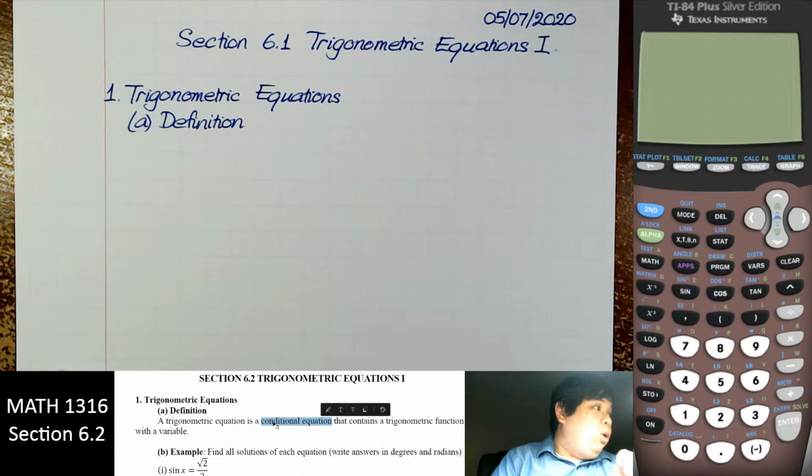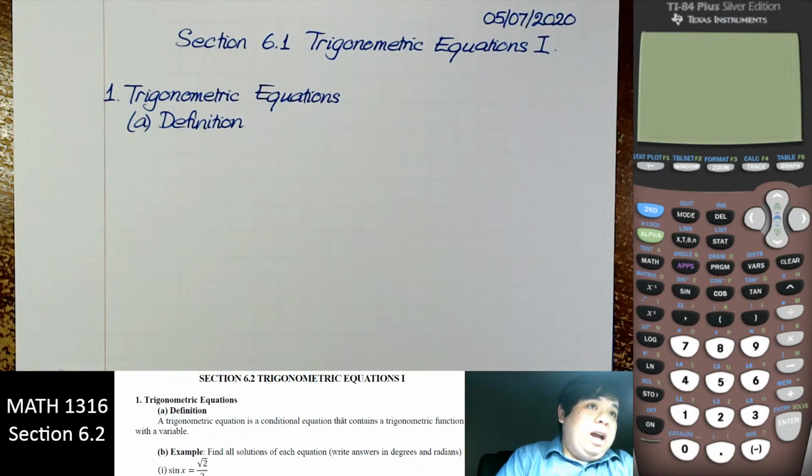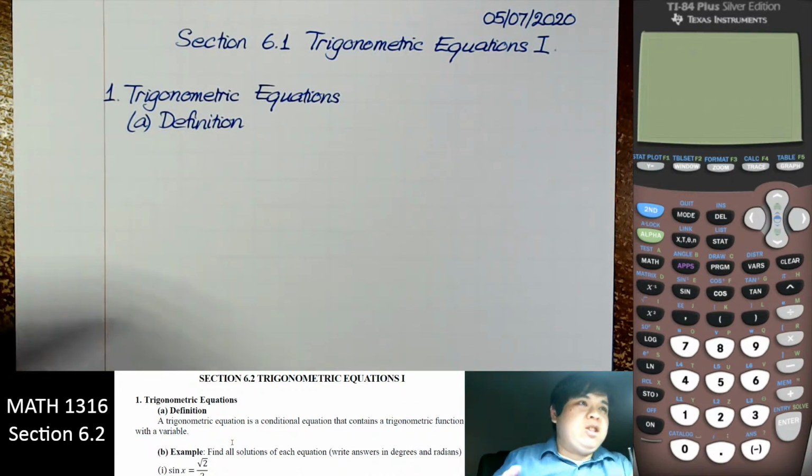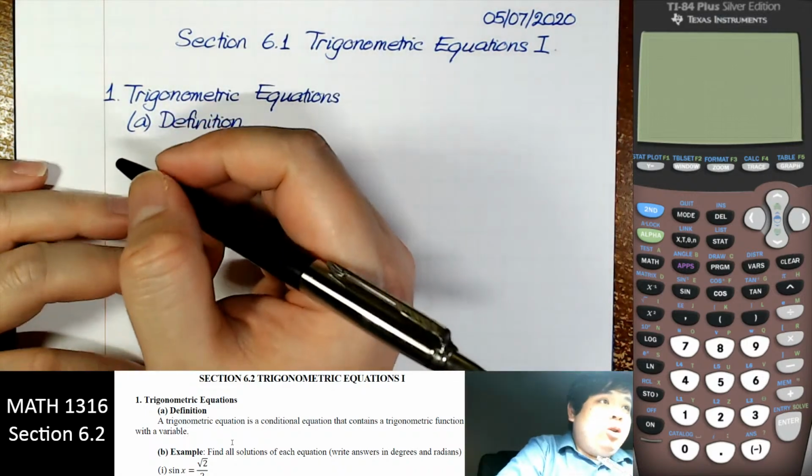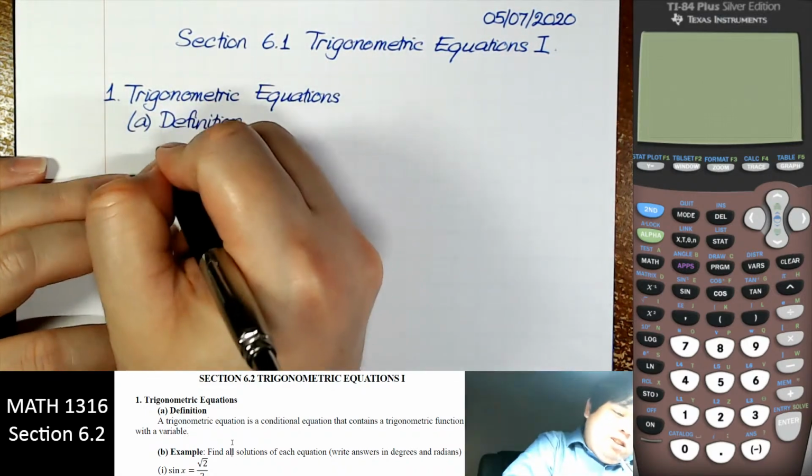Conditional meaning that it only works for certain values of the angle, and it will contain a variable. So pretty much an equation that has a trigonometric expression in it.